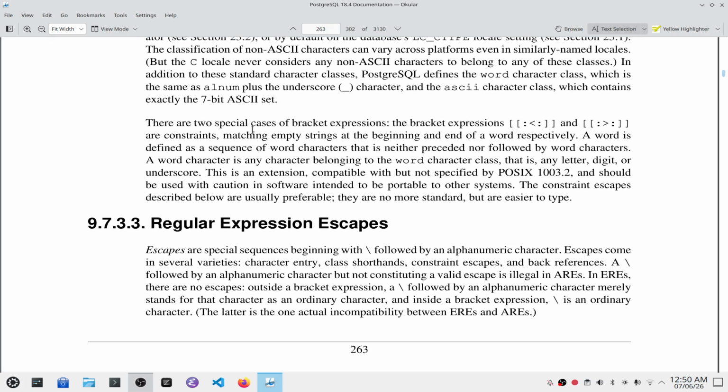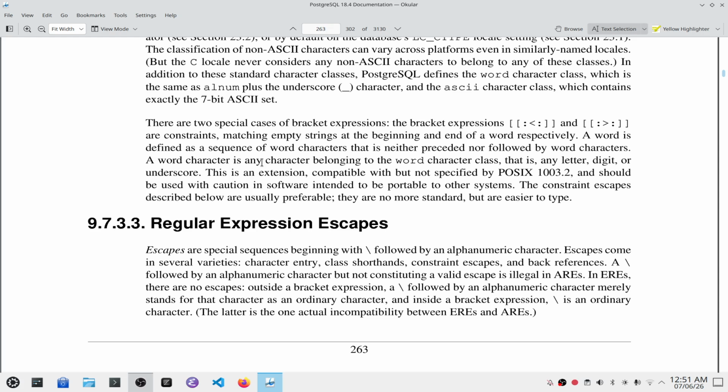There are two special cases of bracket expression. The bracket expression [[:<:]] and the same with the left angle replaced by a right angle bracket, [[:>:]], are constraints matching empty strings at the beginning and end of a word respectively. A word is defined as a sequence of word characters that is neither preceded nor followed by word characters.